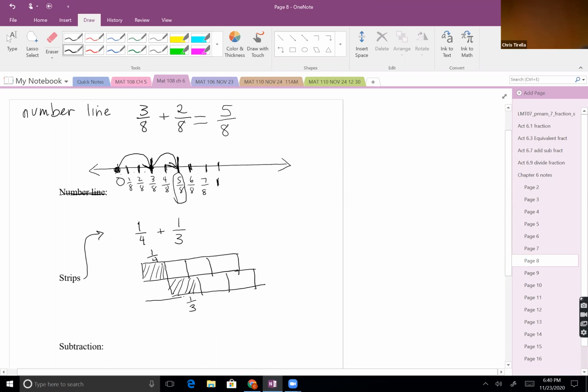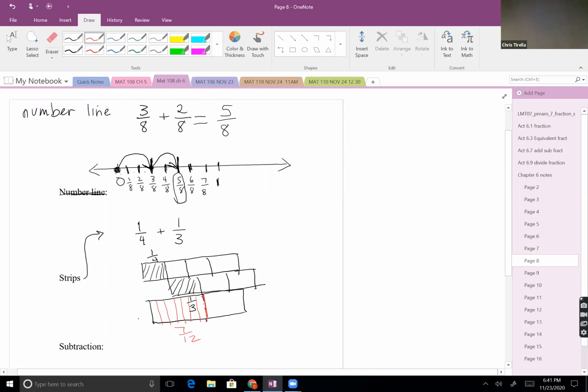And then underneath, I'd have another strip where I would look for something that would match up here. And it would be 1/4 would be 3/12. 1/3 would be 4/12. And so we'd say that it would be equivalent to 7/12.